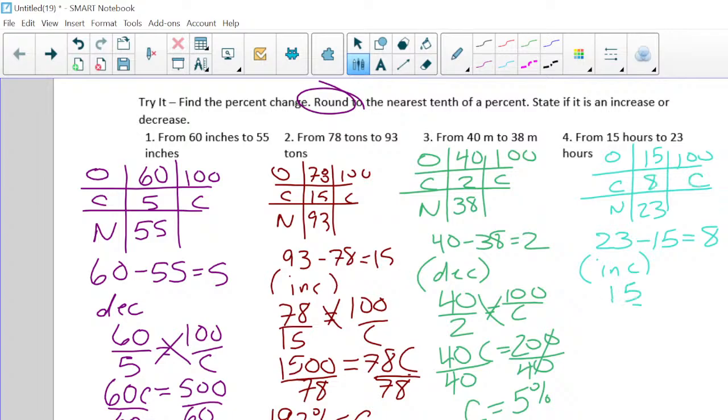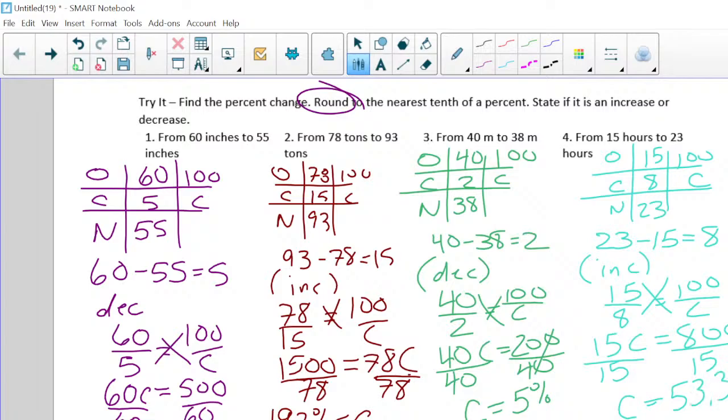We go 15 over 8 equals 100 over C. We cross multiply to solve when two ratios are equal to each other. So this is 15C equals 800. We then divide both sides by 15. And C is 800 divided by 15, which gives us 53.3% when rounded to the nearest tenth.